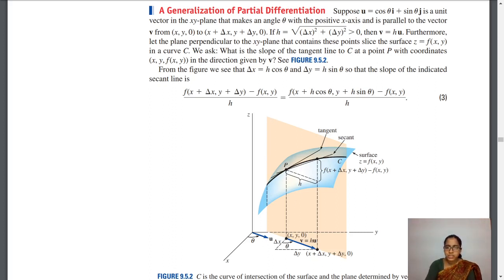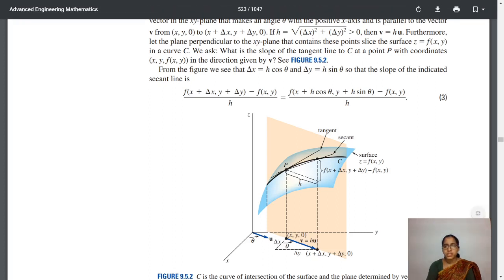This plane is slicing the given surface and we get the curve C. So now we are going to find the tangent at the point P to the curve C in the direction of u. Is it clear? We are going to find the tangent at the point P to the curve C in the direction of u.